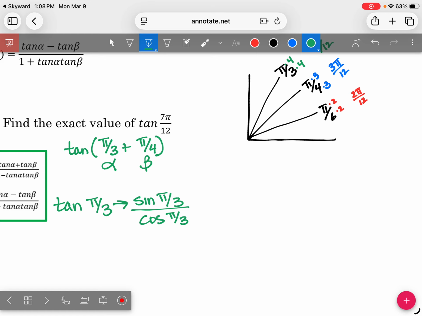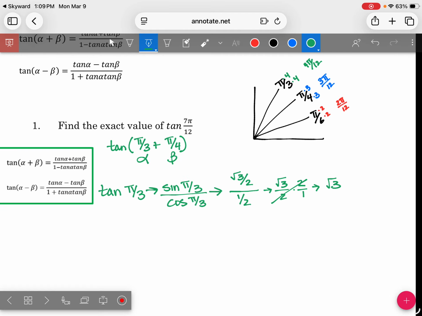Aisha, what's the sine of pi over 3? Yeah, root 3 over 2, which means this is 1/2. So we're going to do our keep, change, flip. Keep, change, flip. And you should end up with root 3. So the tangent of pi over 3 is simply root 3.